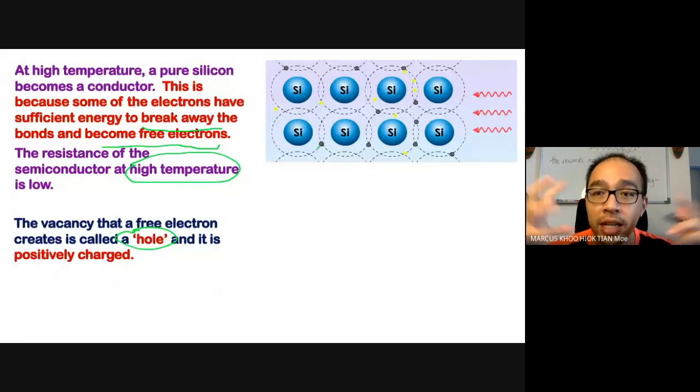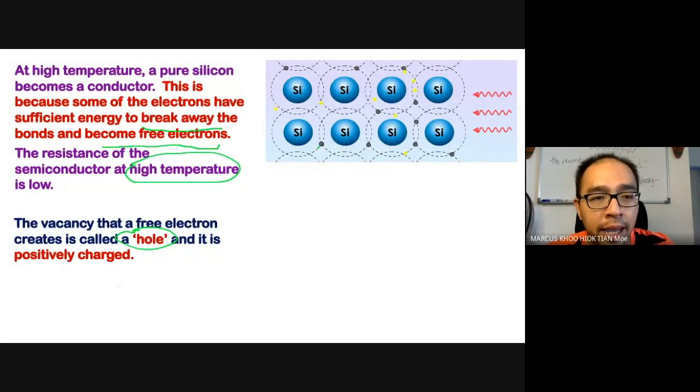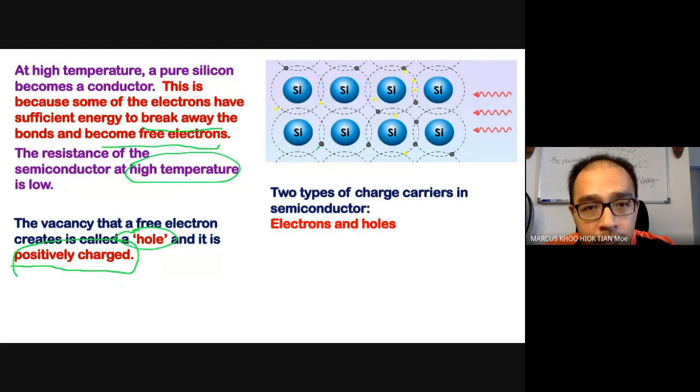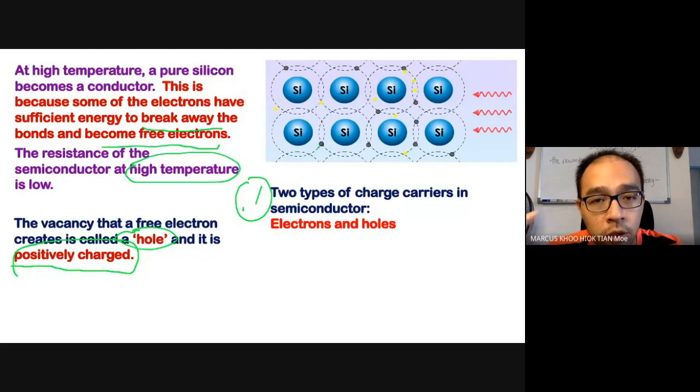So it's like that. When the electrons are gone, they leave a hole. And we assume, and it is known, that the hole is positively charged because there used to be electrons there. When the electrons are gone and have left the hole, it is positively charged. So the first and most important thing we need to understand is that in a semiconductor, there are two types of charge carriers.